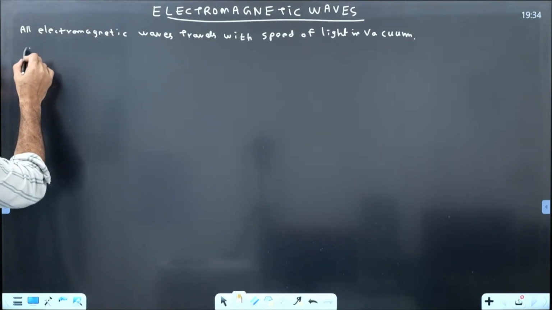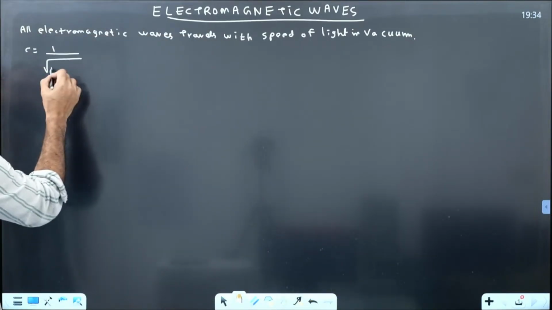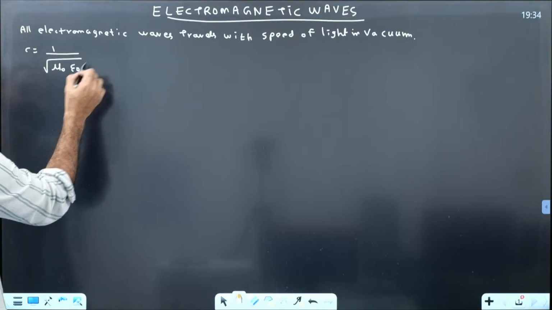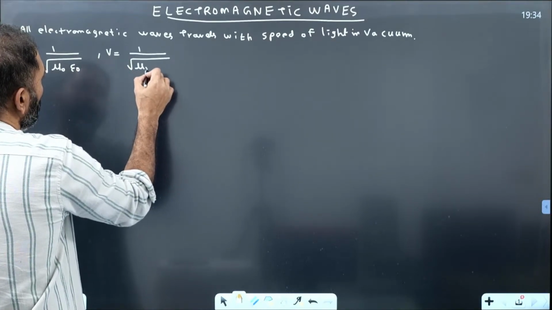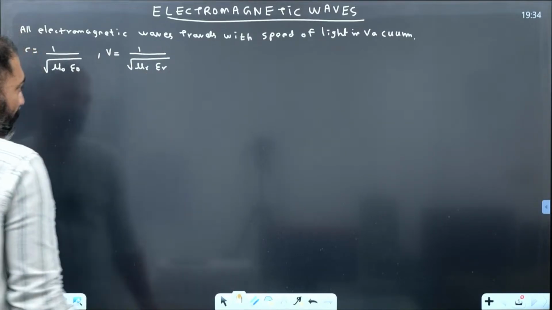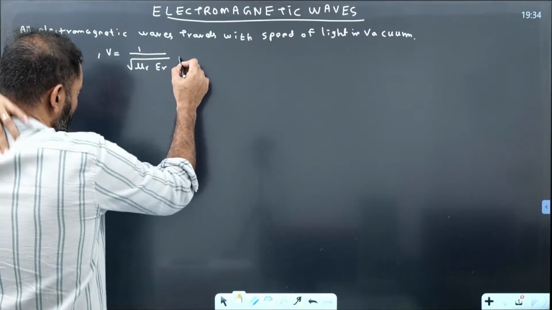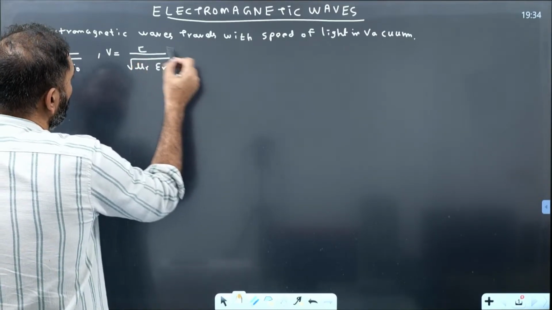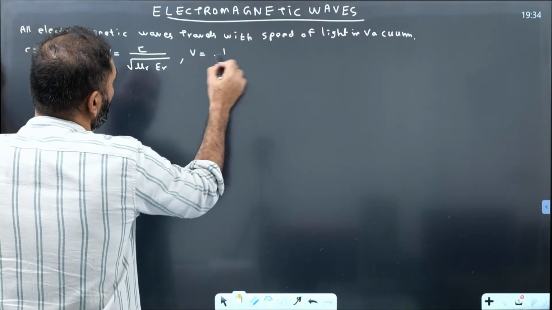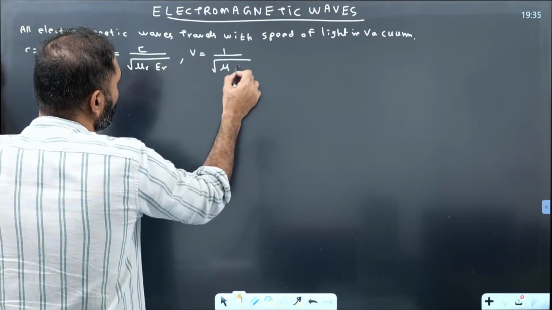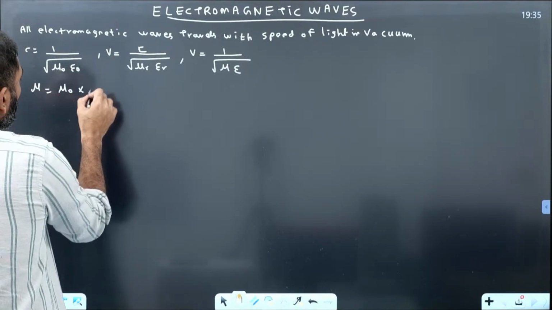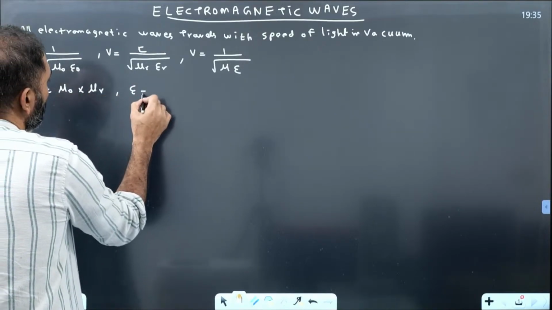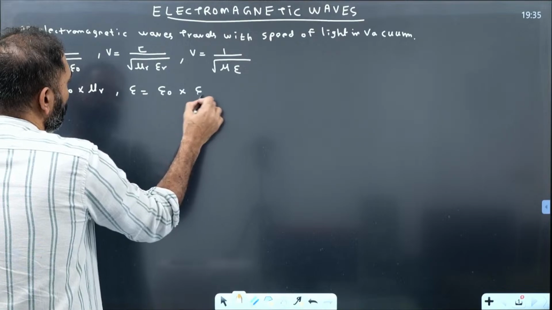Remember, C is equal to what? 1 by root mu 0 epsilon 0. V is equal to what? 1 by root mu r epsilon r. V equal to C by root mu r epsilon r. V equal to 1 by root mu epsilon. Mu is equal to mu 0 mu r. Epsilon is equal to epsilon 0 epsilon r.